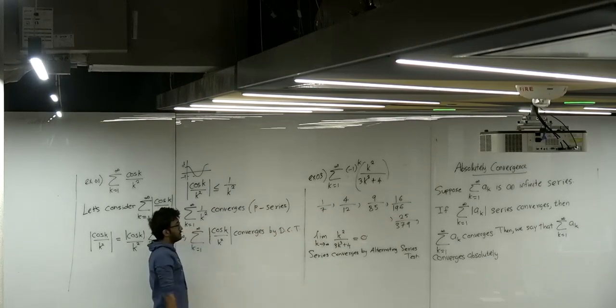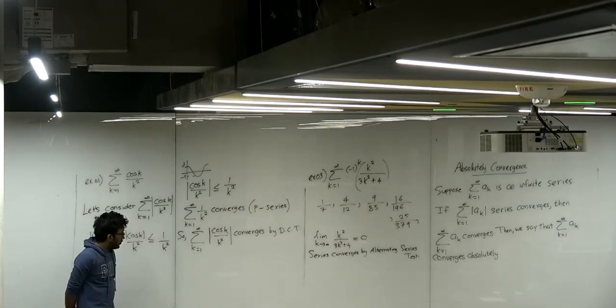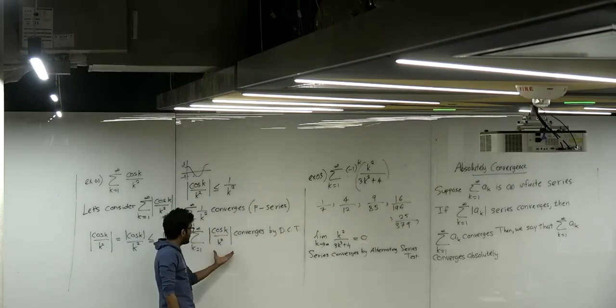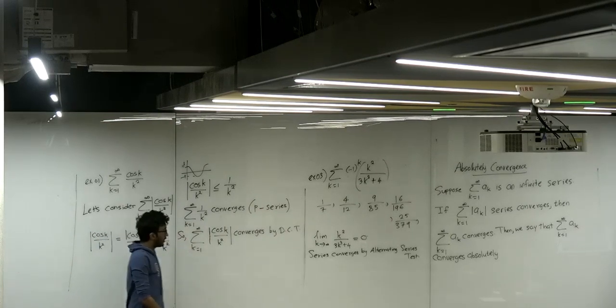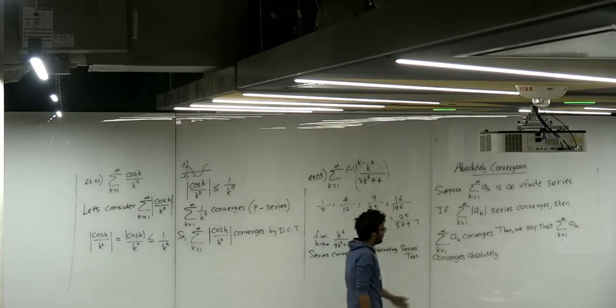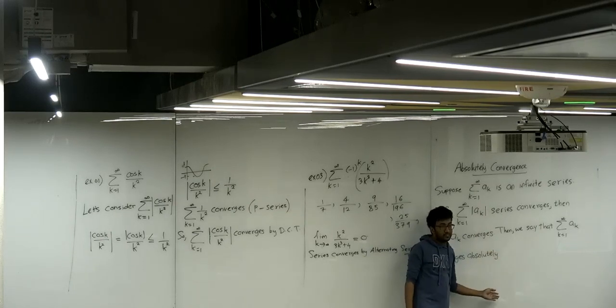Now we know that the series that consists of these absolute values converges. Recall the statement: if the series of absolute values converges, then the original series converges.